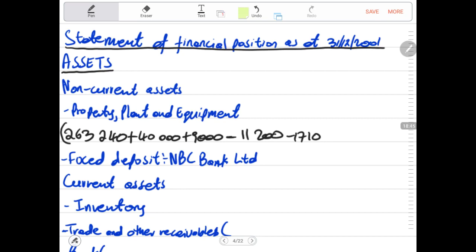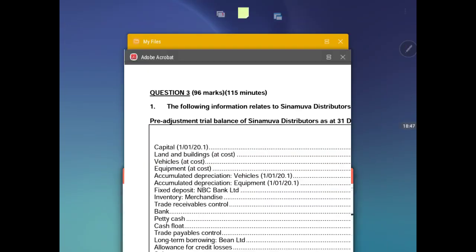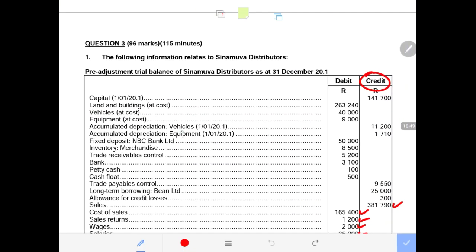Now remember, the accumulated depreciation is an opening balance. See the date, meaning it is the depreciation up to the end of last year. That means the depreciation for the current year has not yet been taken into account. But if this was at 31st of December 2001, that will mean that depreciation for the current year has already been recorded.